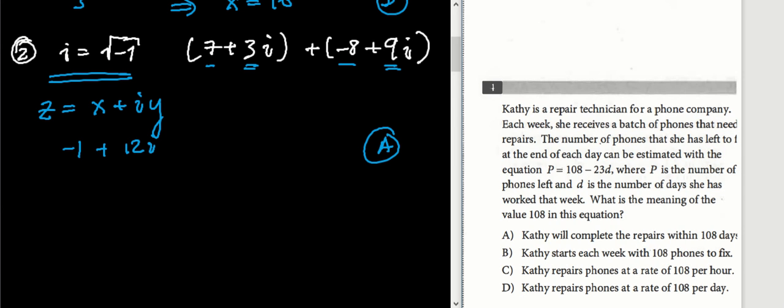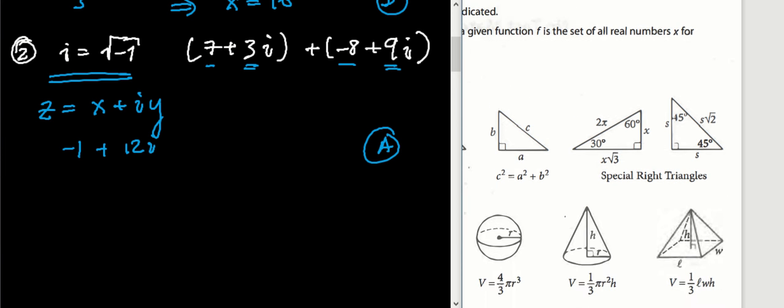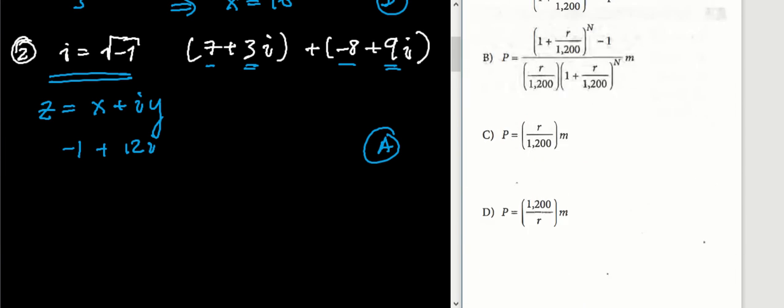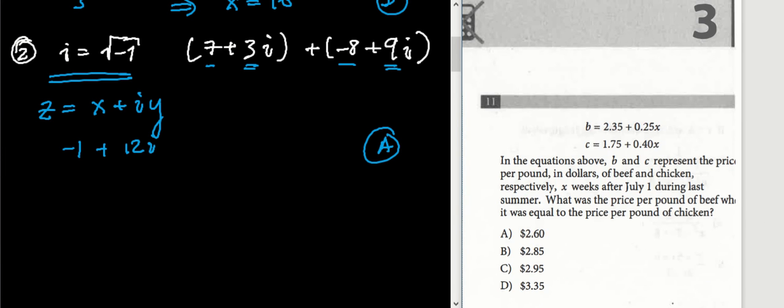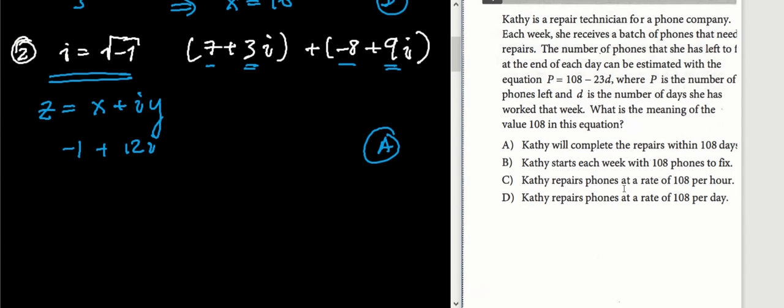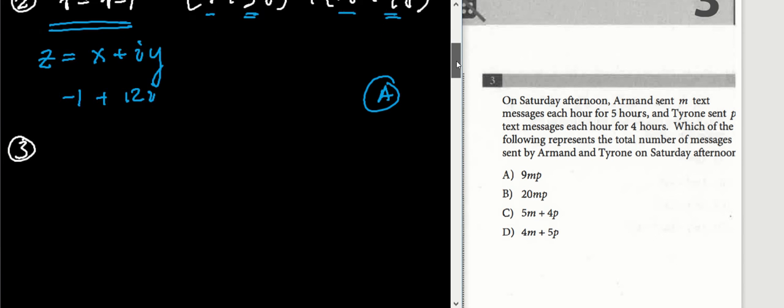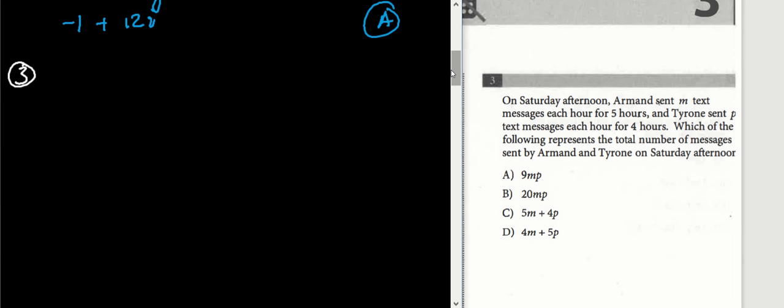Let's move up here for a second. So third problem, we're told that on Saturday afternoon, Armand sent M messages each hour for 5 hours. So let's write this out.